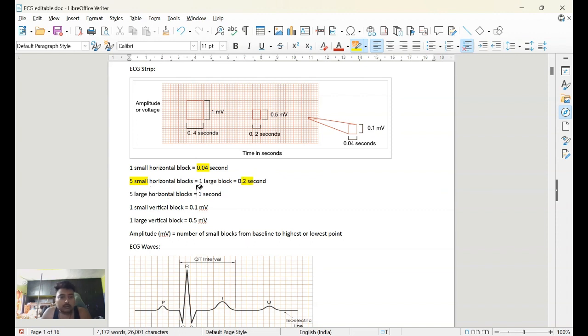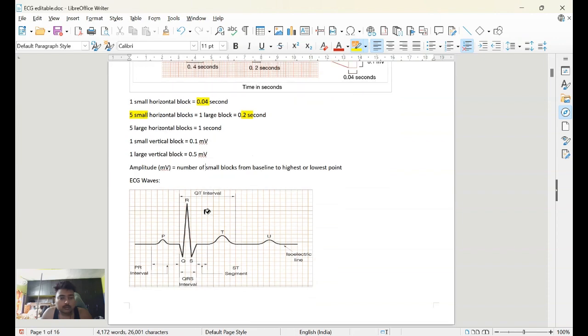Five large squares is 1 second. One small square is 0.1 millivolt, and one large square is 0.5 millivolt.